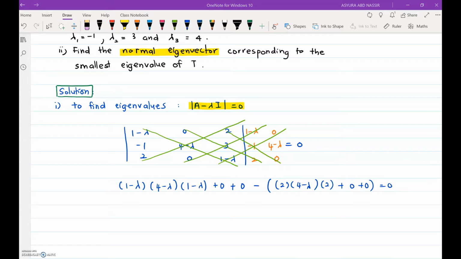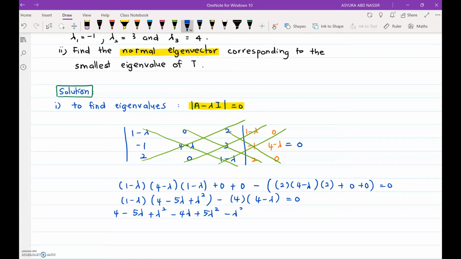To simplify, we just expand all the brackets. We have 1 minus lambda, so if you expand this, you will get 4 minus 4 lambda minus 1 lambda, which is minus 5 lambda plus lambda square, and then minus, for this one you will get 4 times 4 minus lambda equals 0. Continue to expand: we get 4 minus 5 lambda plus lambda square minus 4 lambda plus 5 lambda square minus lambda cubed, minus 16 and plus 4 lambda equals 0.